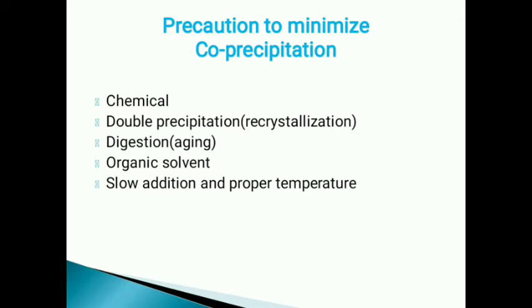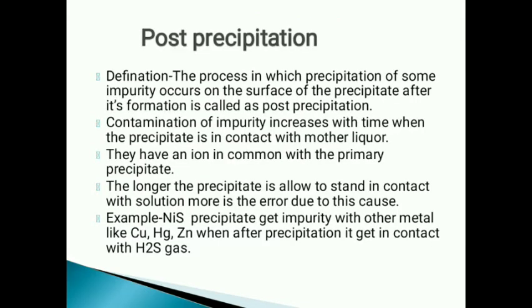Organic solvents sometimes reduce the co-precipitation of the impurity. And next, if we are adding some reagent in our precipitate generation, it should be added slowly, and we have to maintain the proper temperature during that particular compound generation. It automatically reduces the co-precipitation. These are all the conditions which can be useful for minimization of co-precipitation.